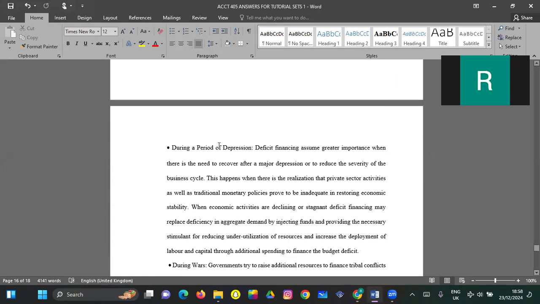So here, during a period of depression, deficit financing assumes greater importance when there is the need to recover.